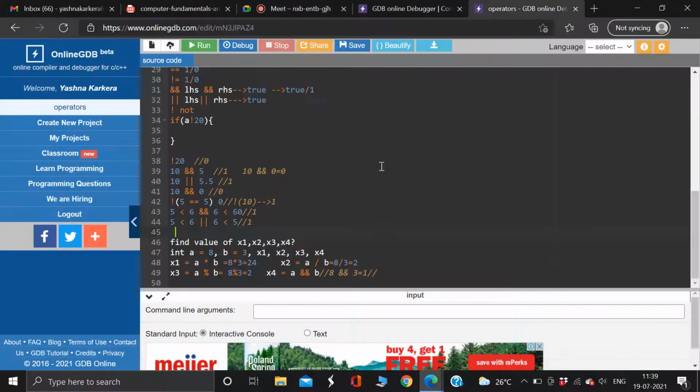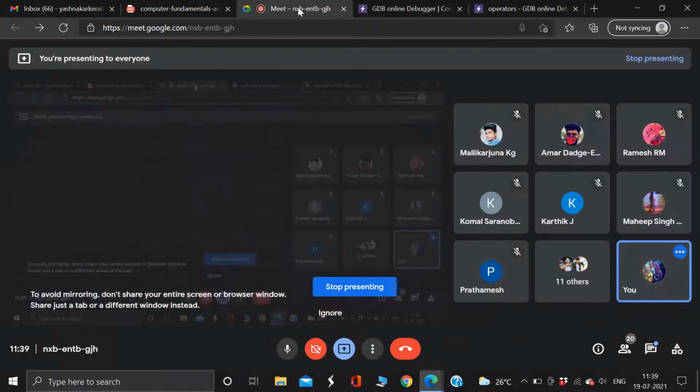Okay, so any other doubts in operators? Any other doubts? You can ask now. I didn't get you. Mallikarjun, come again. No, by background mistake, unmuted. It's fine.